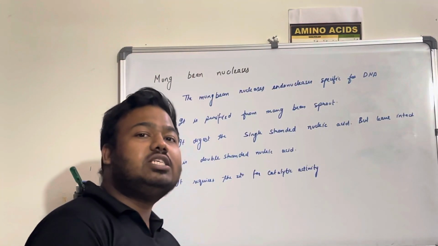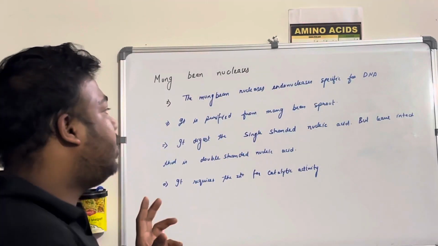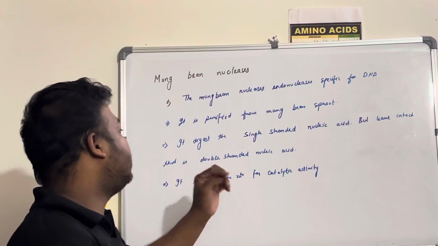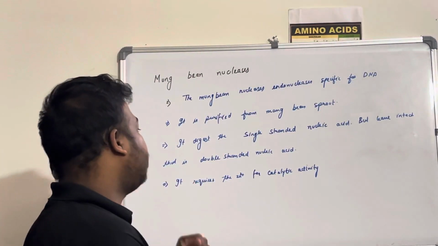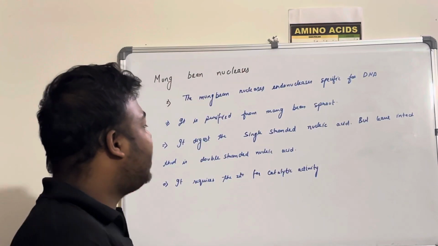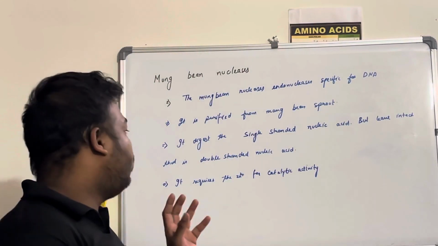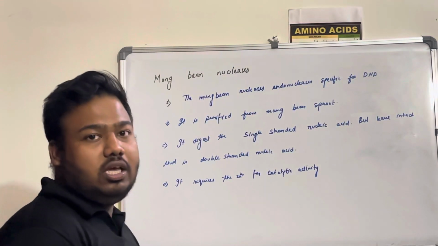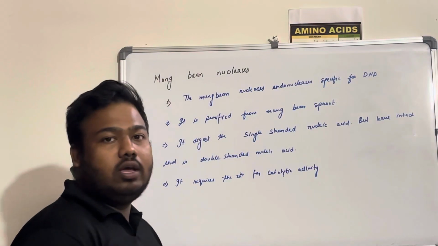It can only digest the single-stranded, but leaves intact the double-stranded. It will not break down double-stranded nucleic acid. It requires the Zn2+ ion for catalytic activity. Okay, remember that.